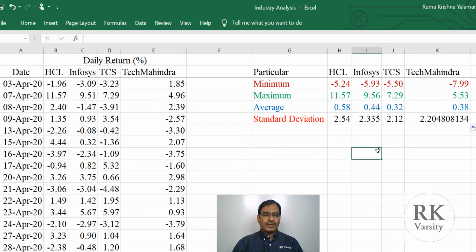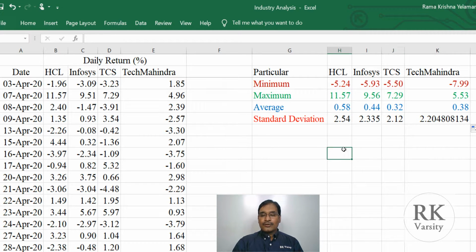So that means during the 6 months period, these stocks didn't even yield you 1% return. On the other side, the standard deviations are also not uniform. In the case of HCL, the standard deviation is high, whereas in the case of TCS, the standard deviation is low. So this gives you a clue that blindly we should not go for an industry. In the sense, within the same industry, each individual stock has its own performance.